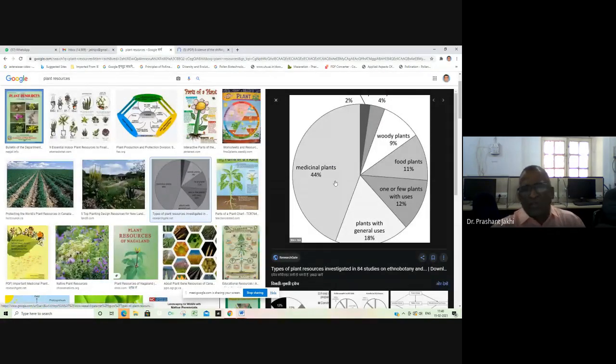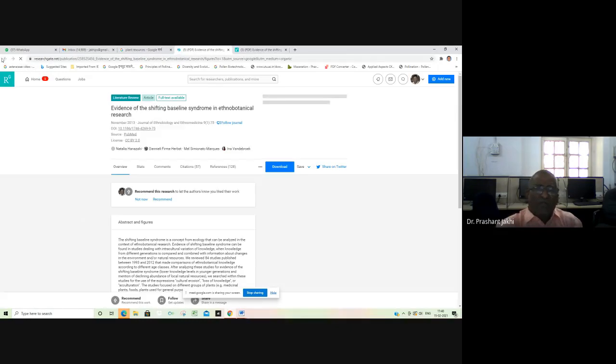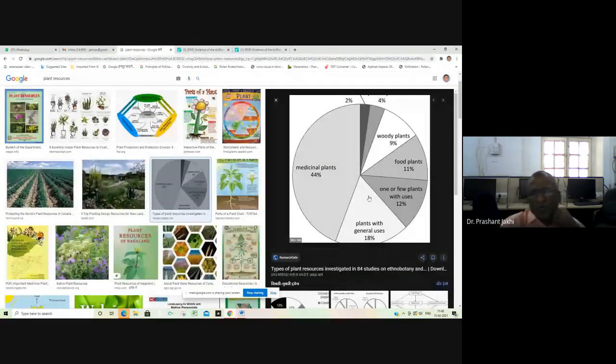Out of the different resources, medicinal plants are about 44%, woody plants about 9%, food plants 11%, one or few plants with uses about 12%, and plants with general uses 18%. Besides that, some other uses of plants are also mentioned here, about 2 and 4%.